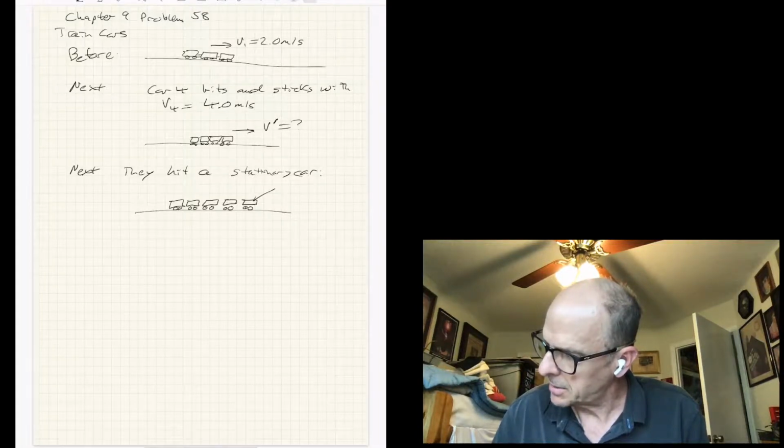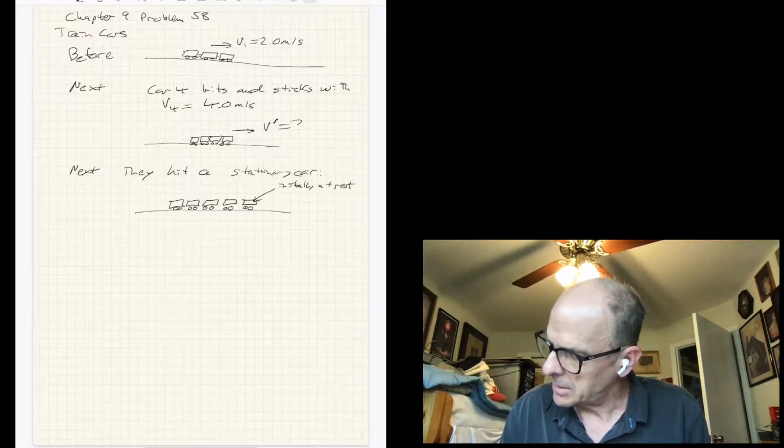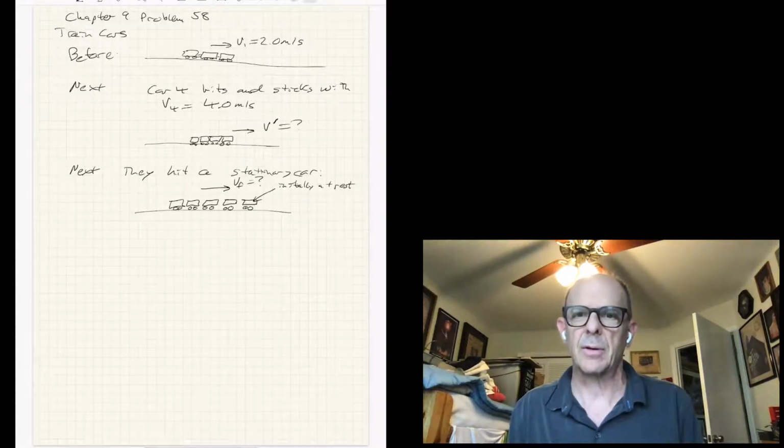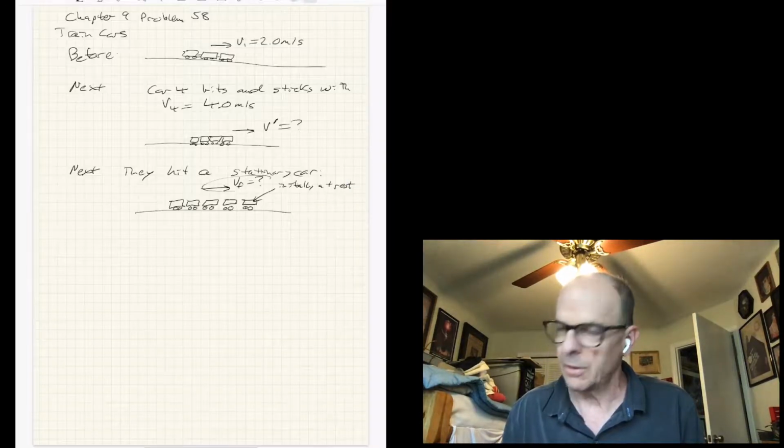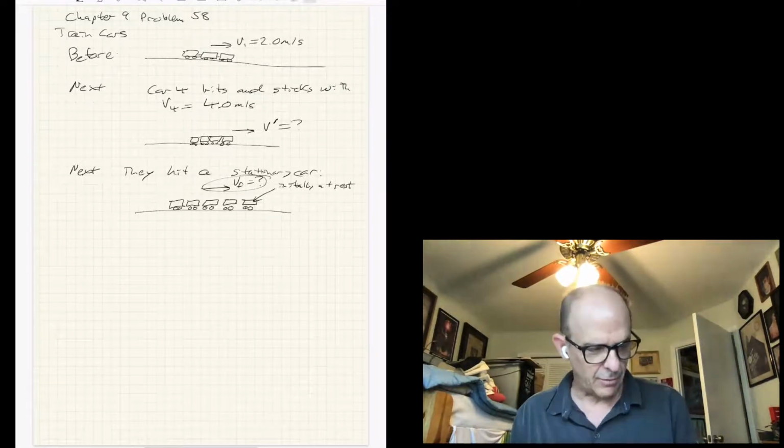So this one was initially at rest. These guys smacked into it, and now they're all together and they're traveling in some direction V final, which we don't know. So the question is, what is this V final here? That's what we're looking for.